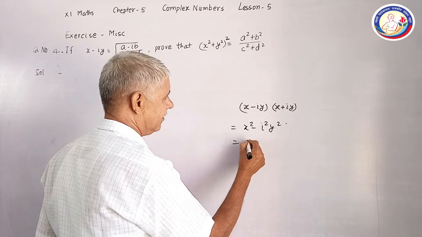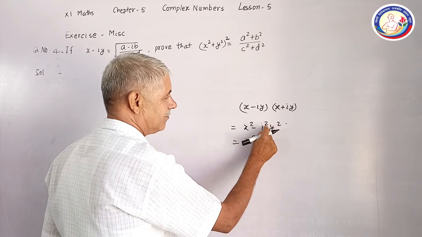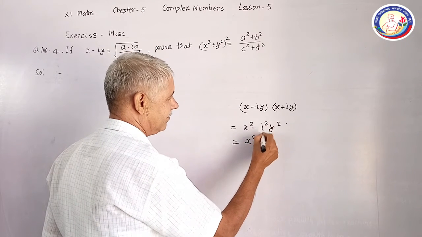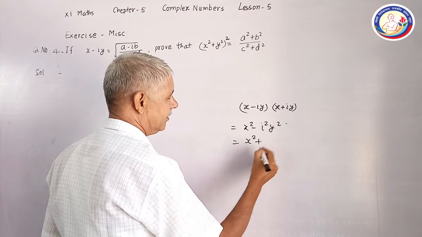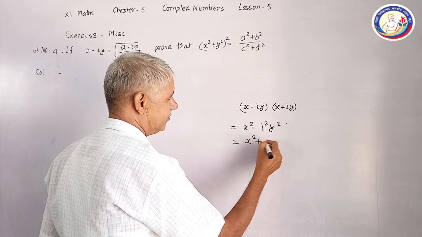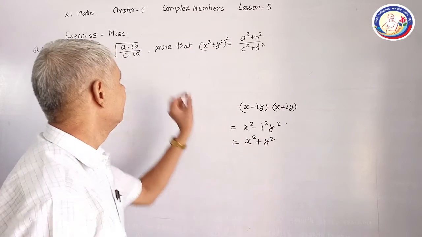If we put minus 1 in place of iota square, we will have minus multiplied by minus sign, which will be positive. So x square plus y square. If we square this, we can have this.